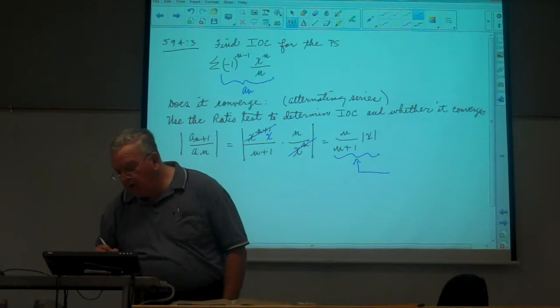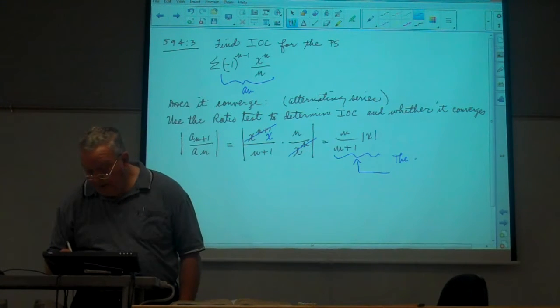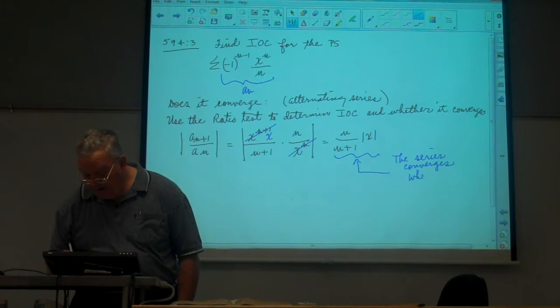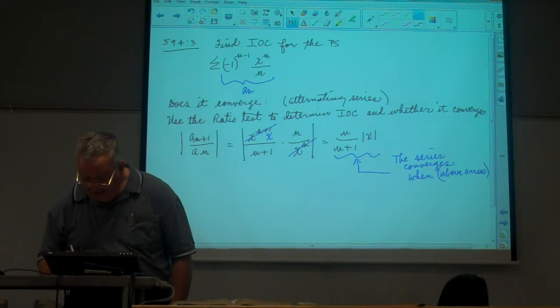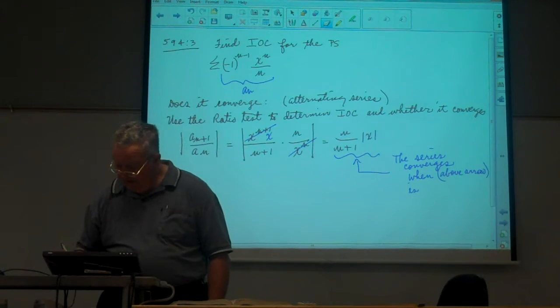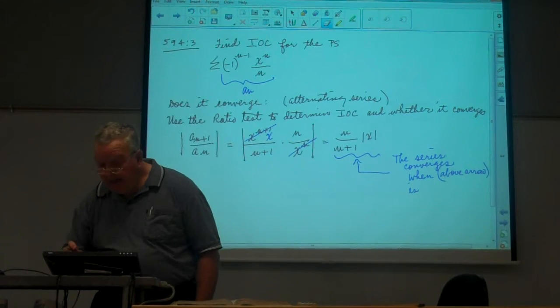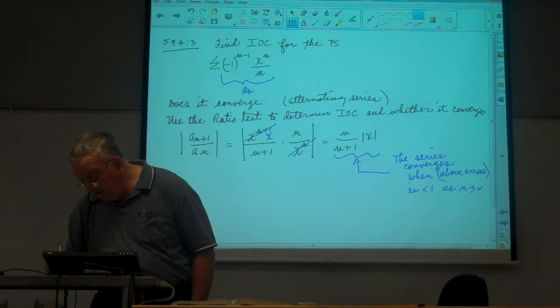In order to make a decision about that, the ratio test says that the series converges when the limit above the arrow is less than 1 as n goes to infinity.